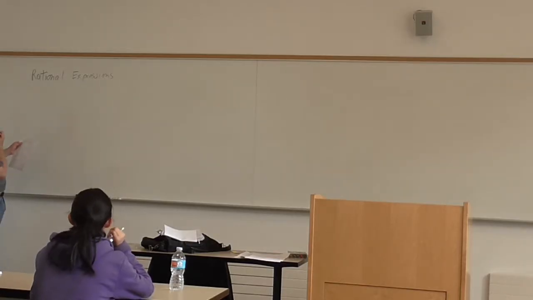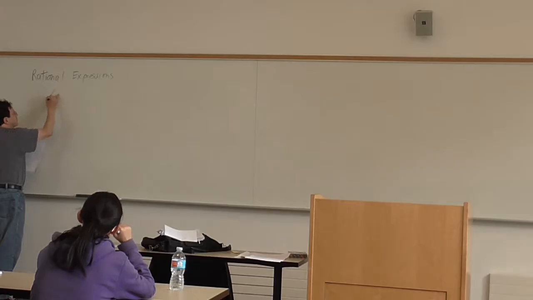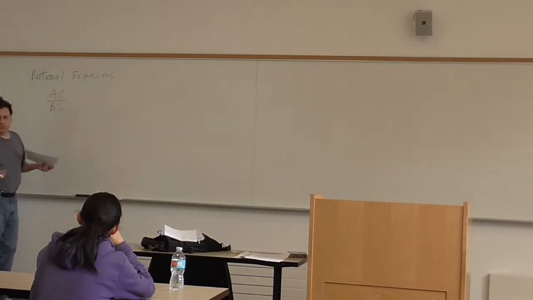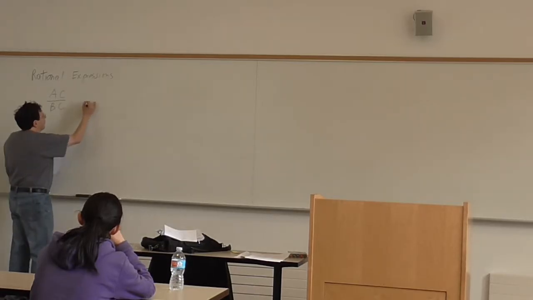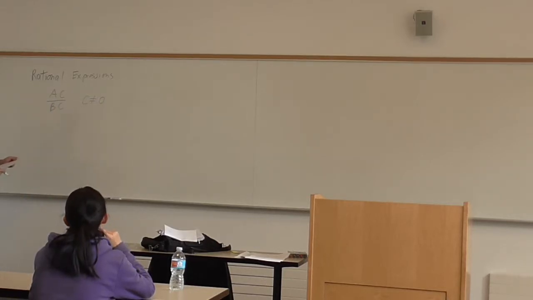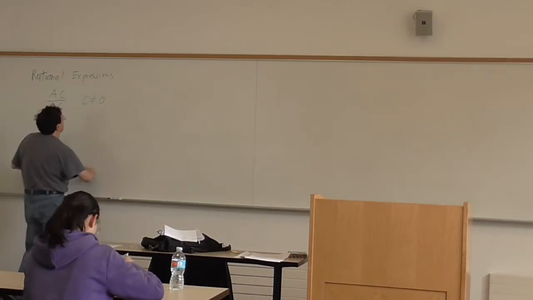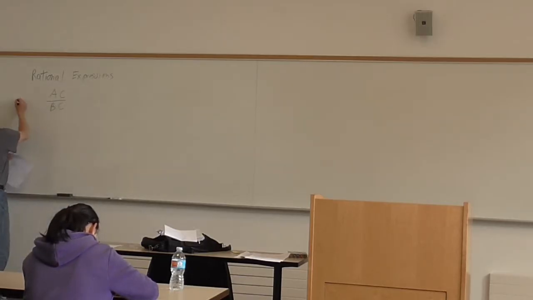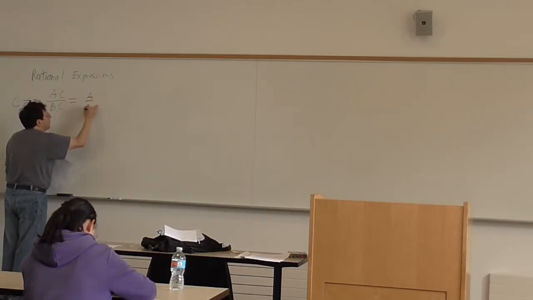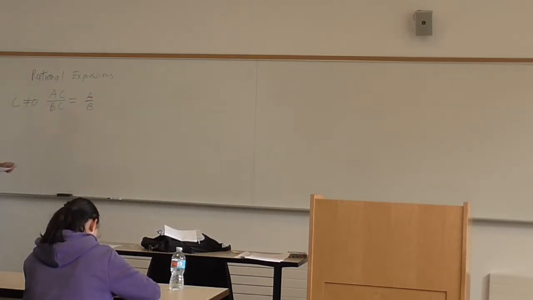So if we have symbolically here AC over BC, where A, B, and C are polynomials, and C is not equal to 0, then this is equal to A over B.